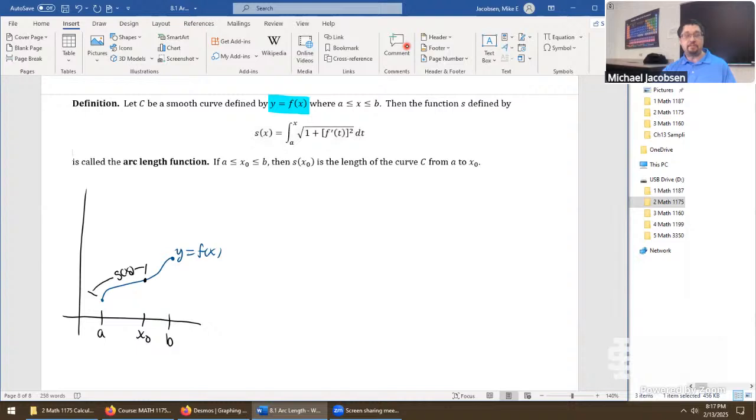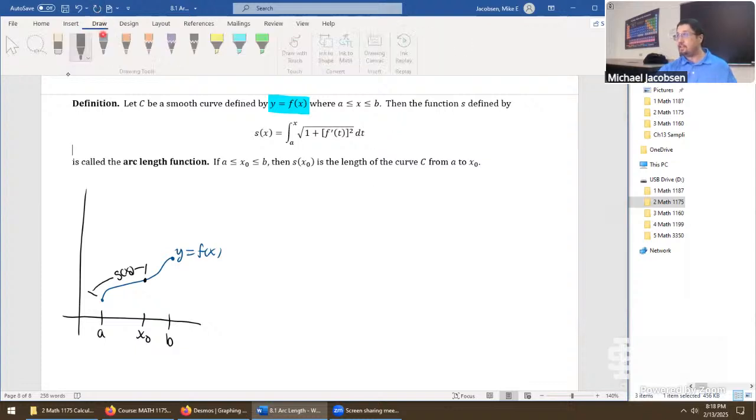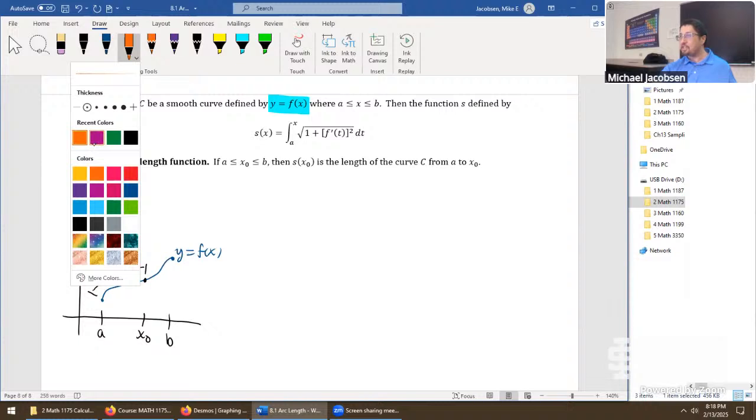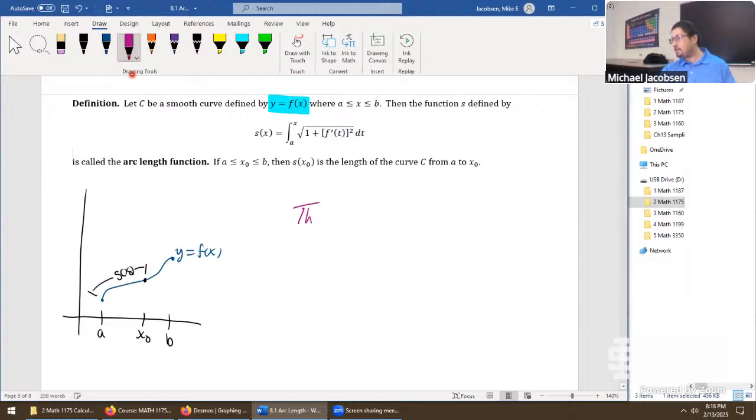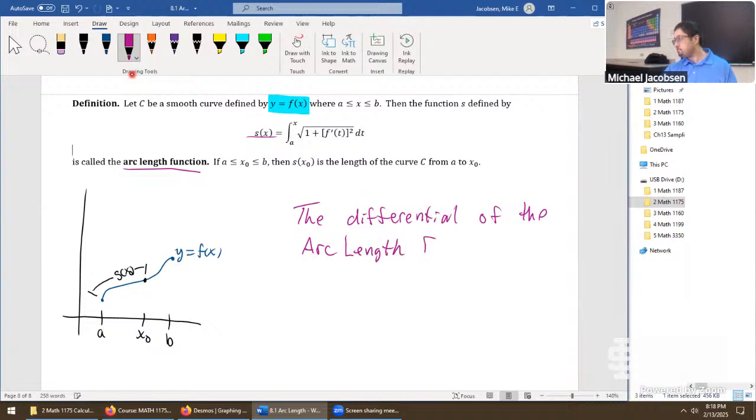But what we want here to finalize the notes, and we'll come back here and use it when we have the opportunity to, is just the differential. So here's the big result, the reason why we looked into the fundamental theorem today. The differential of the arc length function, this thing here, is, we go back over here to start differentiating.